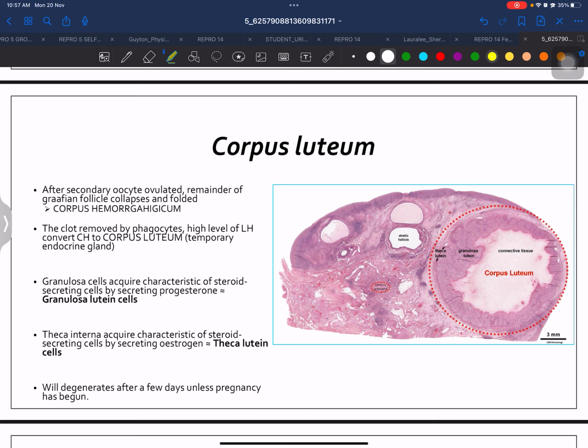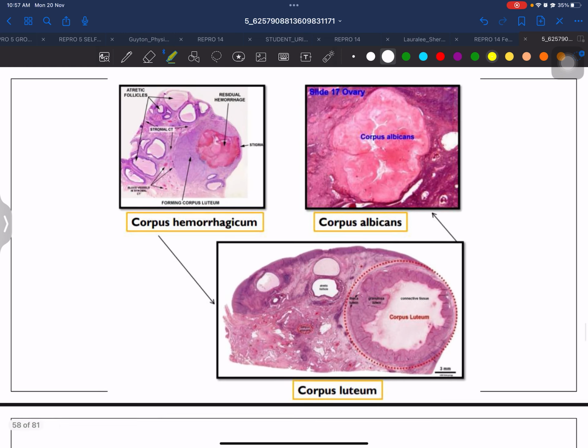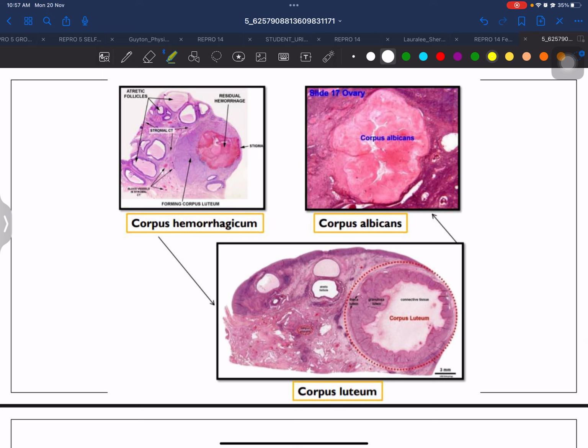So these are what we call ovarian scars. So once the oocyte has been released, dia jadi corpus hemorrhagicum, then dia jadi corpus luteum to corpus albicans. Inilah dia punya flow.